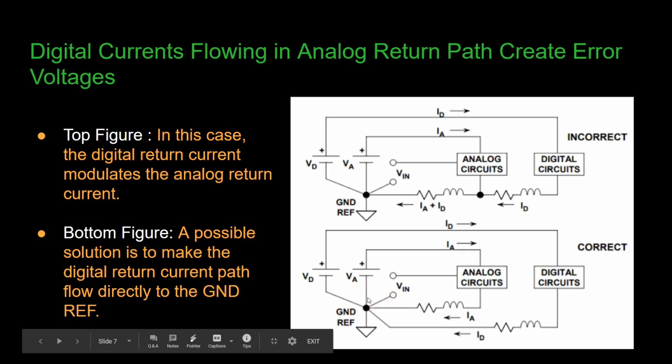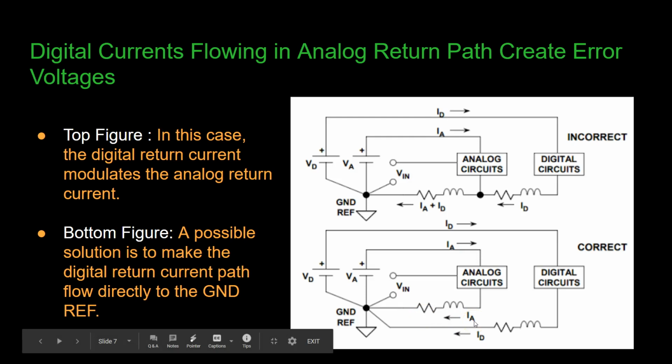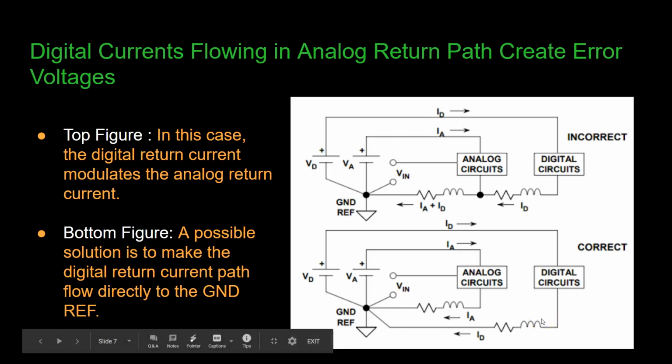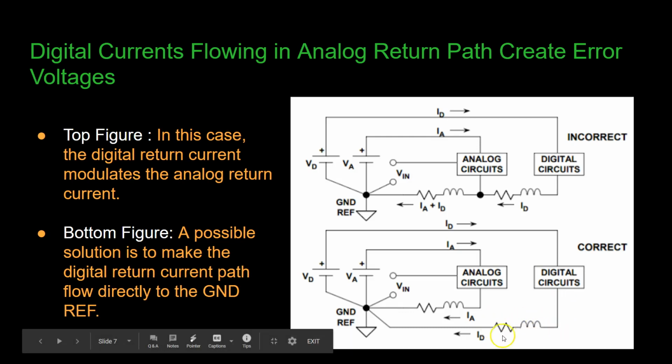Implementing a true single point ground in a system which contains multiple high frequency return paths is actually difficult because the physical length of the individual return current wires will introduce parasitic resistance and inductance. Here parasitics are basically the hidden resistance, hidden inductance or hidden capacitance in the circuit, which can make obtaining a low impedance high frequency ground difficult.